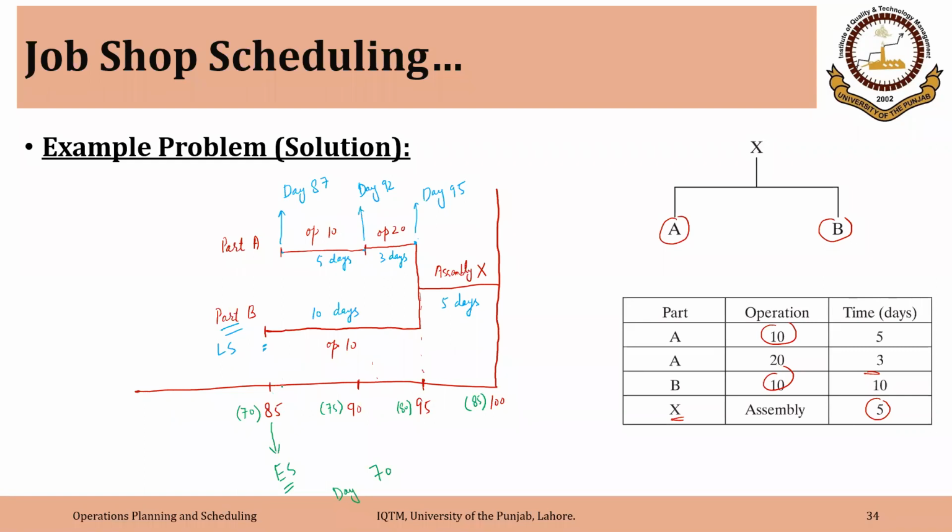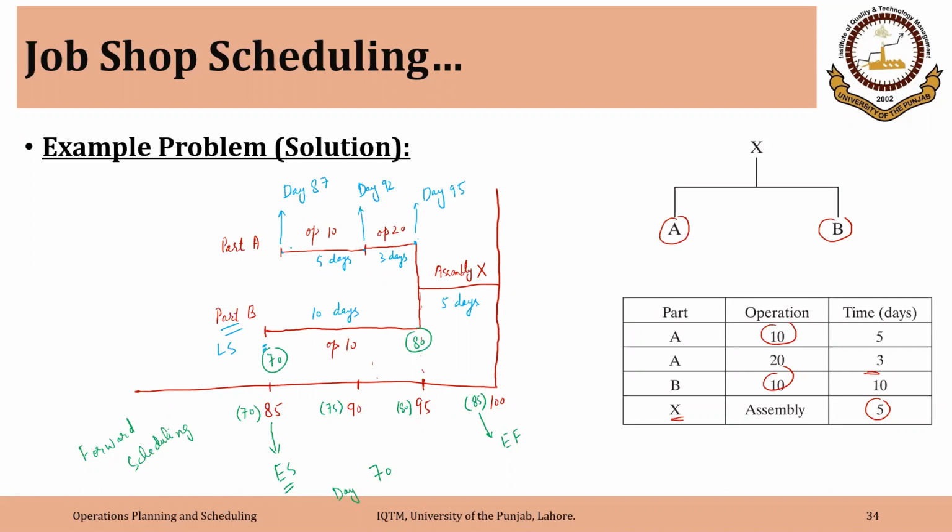But for example, if we are going for the forward scheduling and we are having the earliest start as day 70, then we can have the earliest finish on day 85. So this will be day 70, and this will be the earliest finish for part B, that will be day 80.